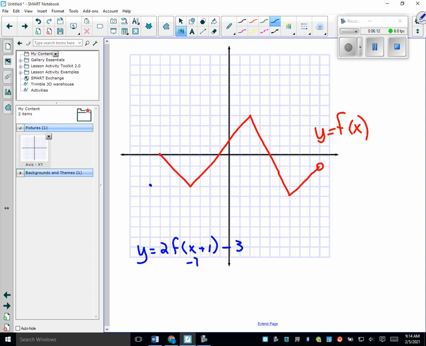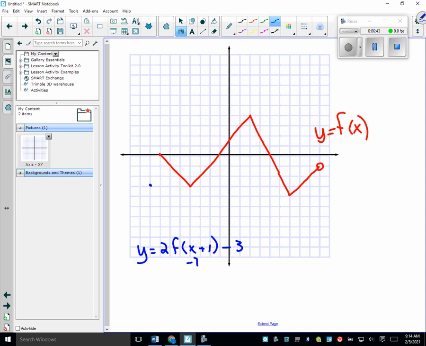Yep. The next point is this one. Wait, is that just it for the negative? That's my first point. I thought you had to plot it all out. But see, I don't know what f of x is, so I'm struggling a little bit in here.